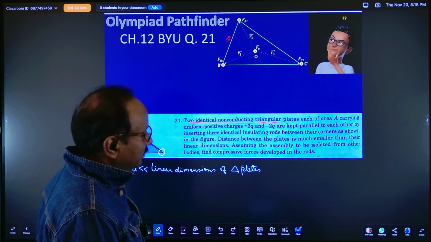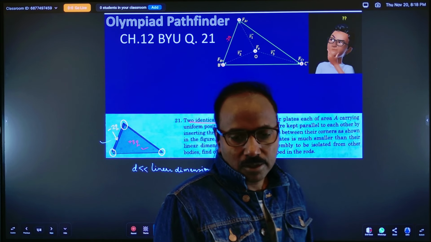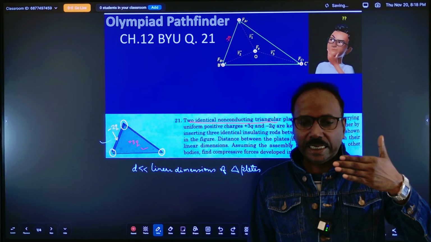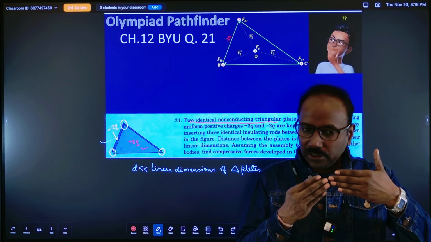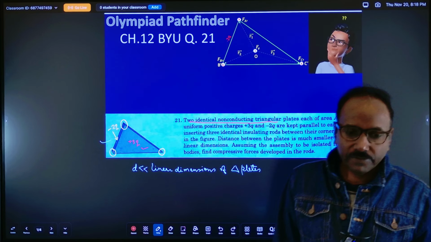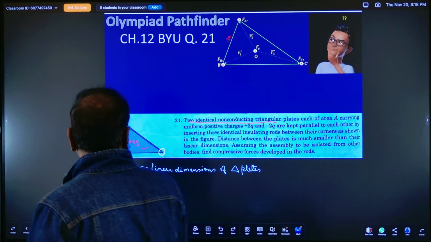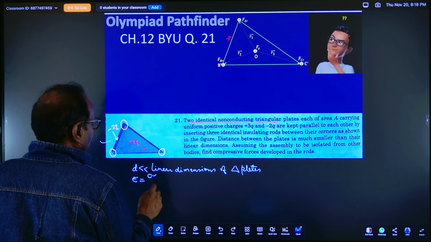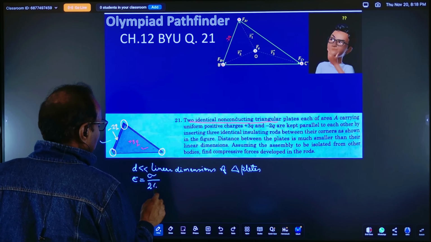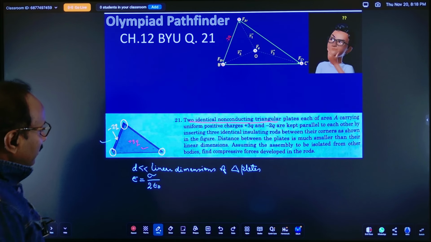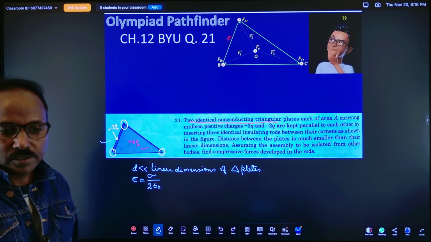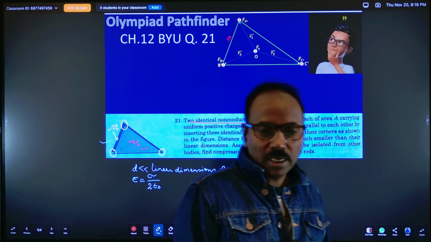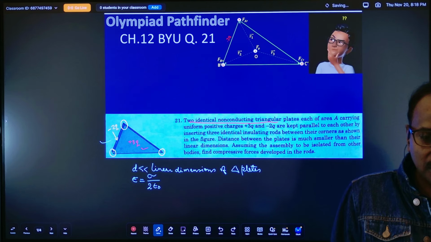So what does this give? You know that close to a plate, in the vicinity of the plate, the electric field intensity is given by the formula sigma by 2 epsilon naught, where sigma is the charge density on that plate and epsilon naught is the permittivity constant in vacuum.